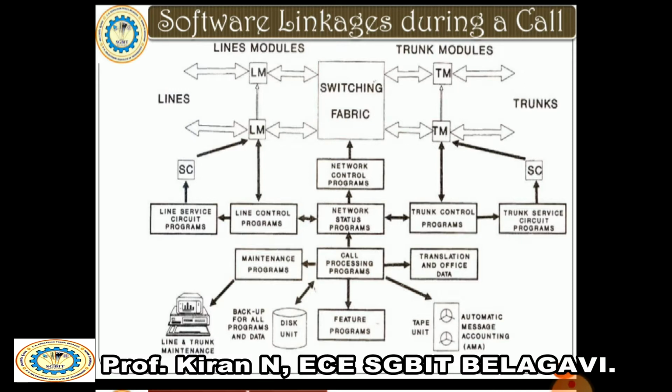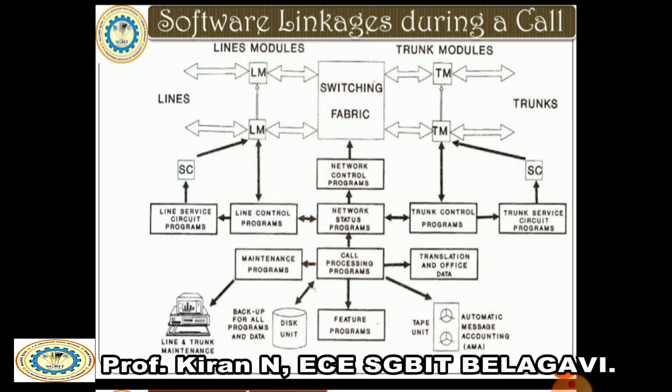The maintenance program also helps in maintaining other related programs. Here, the call processing programs are meant for call processing functions, like processing the call, interfacing with different feature programs, translations, and office data. Once the call processing determines the subscriber line, the allowed features and attributes, it allows a call to be established through a switching fabric.